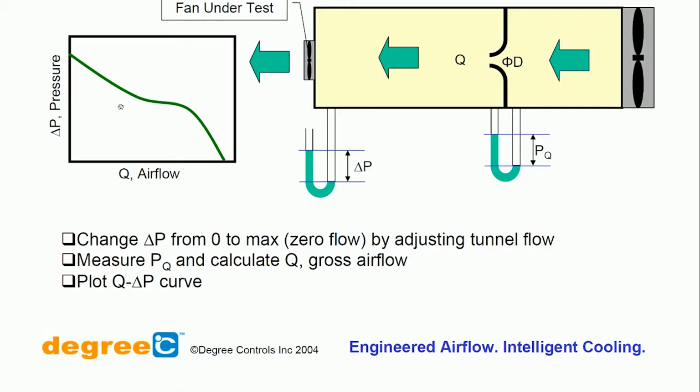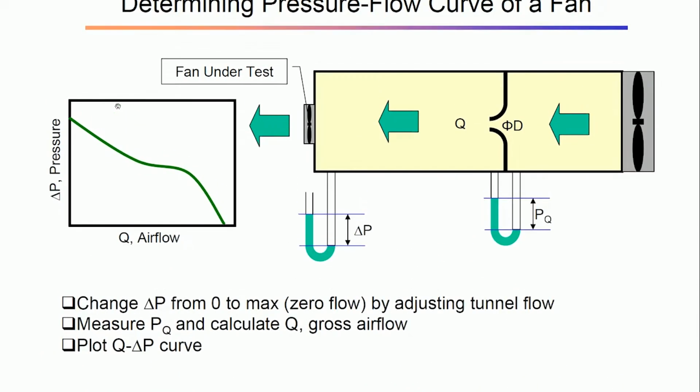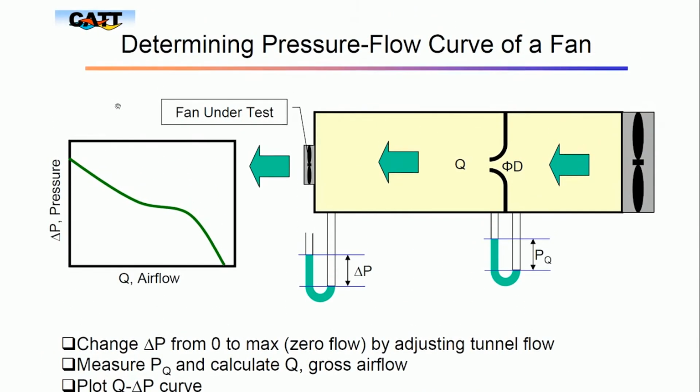Let me continue by recapitulating where I stopped yesterday. Again, as is the norm, this is taken from what I call engineered airflow intelligent cooling by degree centigrade controls from 2004, and it has been presented extremely well, and in general it covers what I feel is important for a designer to try and understand.